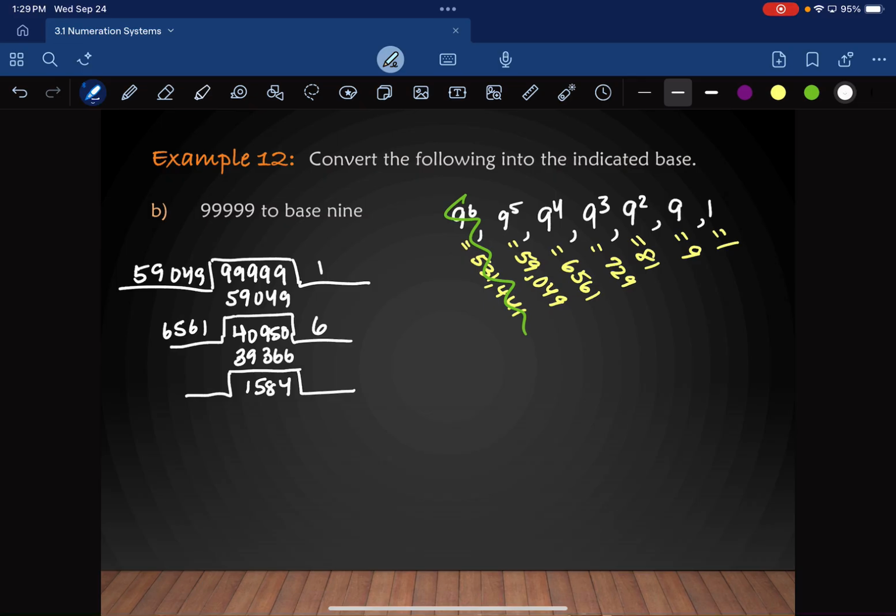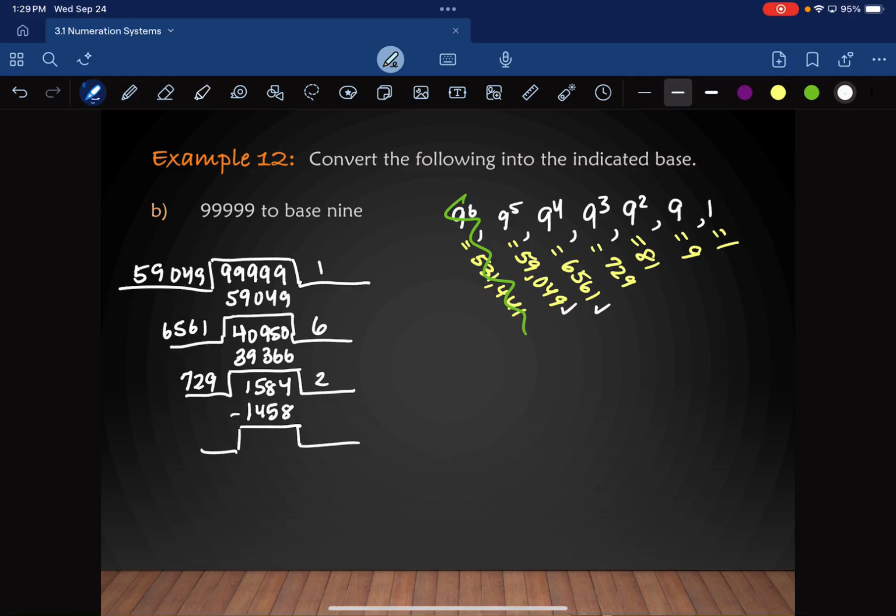All right, what am I going to divide by next? 729. So how many 729s are there in 1,584? 2? Okay. What is 2 times 729? 1,458. Wonderful.